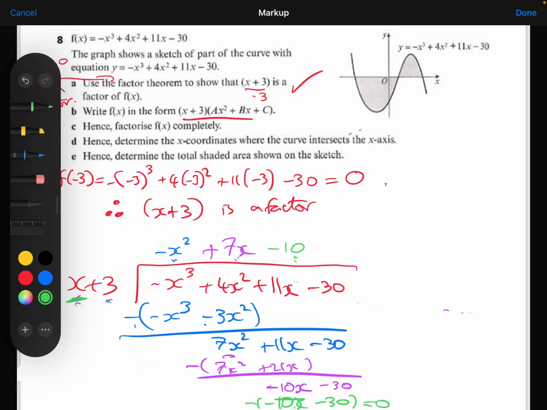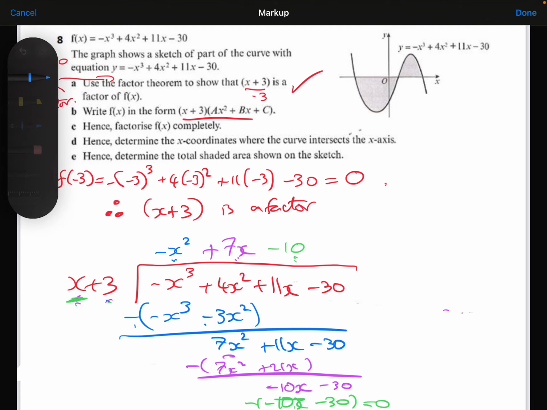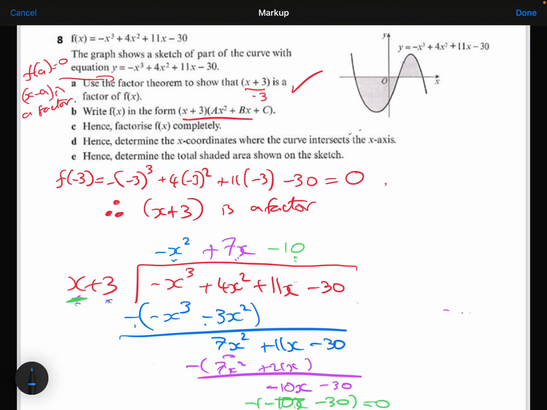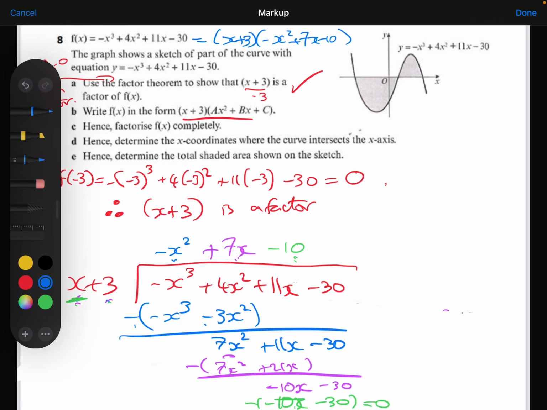So that allows us now to rewrite our f of x as being x plus 3 times minus x squared plus 7x minus 10. So that's part B of this question done.